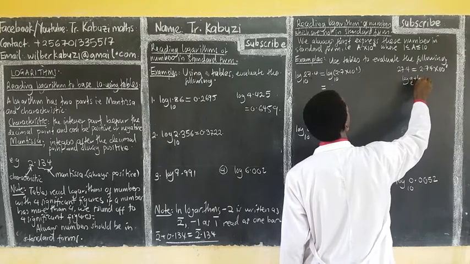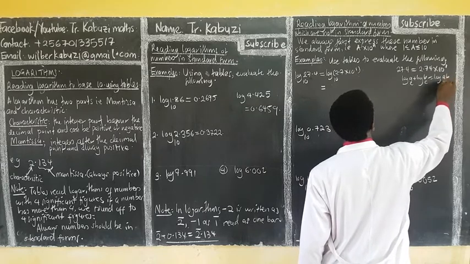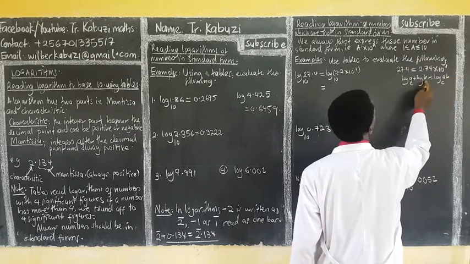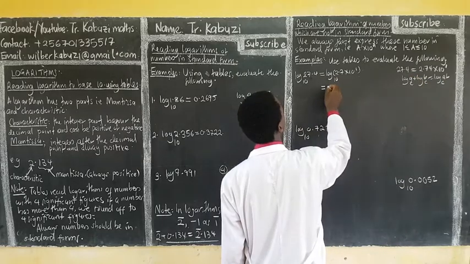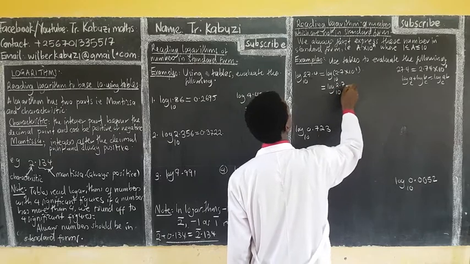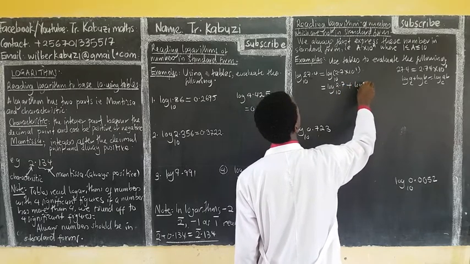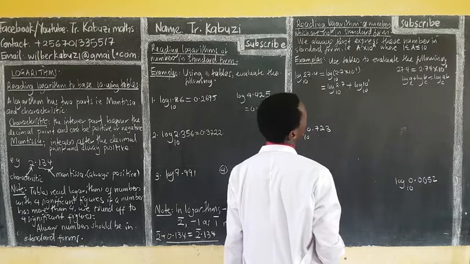Log A plus log B is the same as log AB. If you are multiplying, it means that you can add. Now we are going from this side to this side. So I'm going to add these two. So I have log 2.7 plus log of 10 power 1. 10 power 1 is the same as 10.